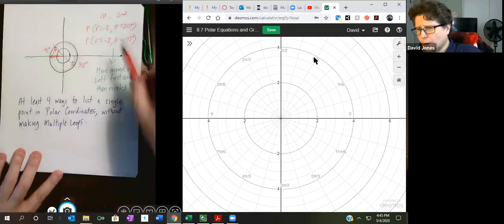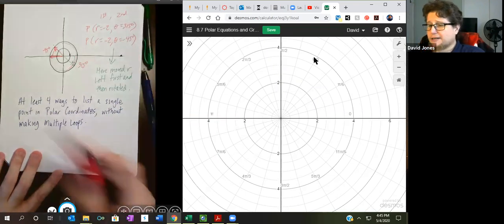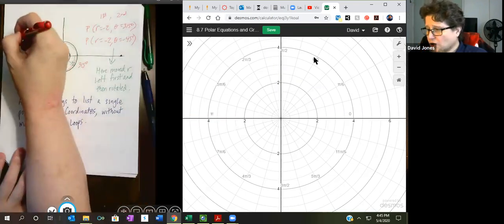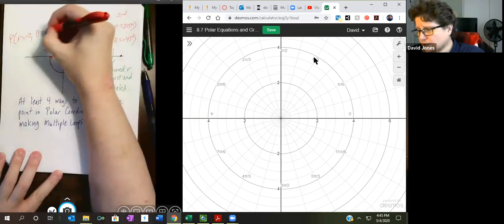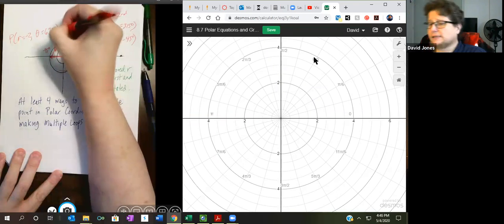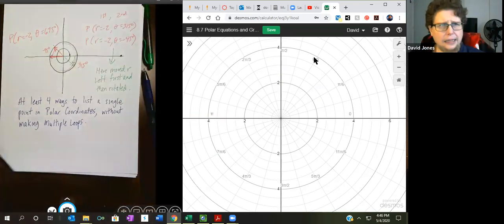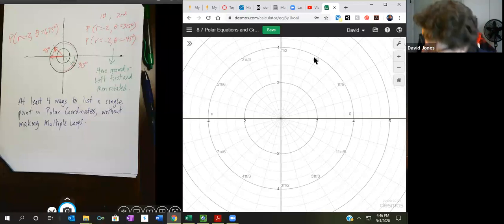I could very well add 360 degrees to that. And this is r equals -2, theta equals 675 degrees. It just starts getting clunky then, and it doesn't get very helpful. Okay? So how it's written will tell you what they're looking for.